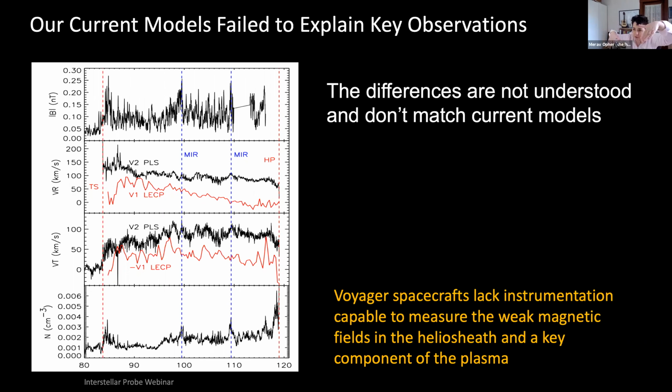The speed should be going down, the radial component, because you're slowly going to the sides. But the speed on Voyager 2 was flat. And Voyager 1 did go down. If you put an MHD model to try to reproduce these flows, the models cannot reproduce these flows. So it tells us that there is something we don't understand about the flows in the Heliosheath.